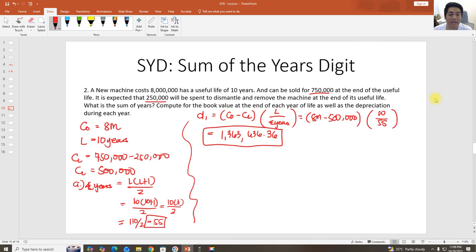Okay, so for the next D2, D3 up to D10, I'm just going to write here 8 million minus, since that is always the same, I'm just going to write 7,500,000 because it's always the same for the computation. Or I can write 7.5M. Just don't forget in your calculator to write 7.5 times 10 raised to 6.